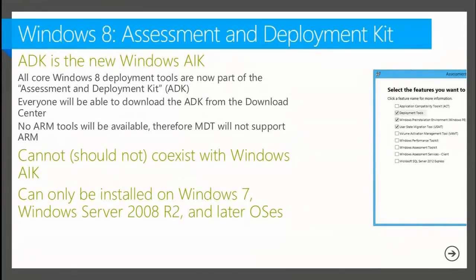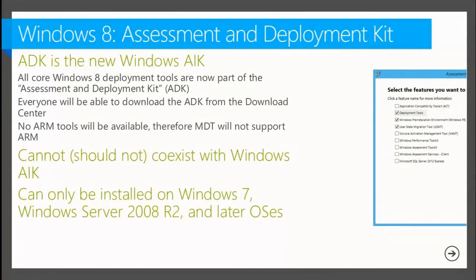You can install the ADK on any Windows 7 or Server 2008 R2 or later system. It's not supported on older operating systems, and you generally shouldn't install it on the same machine as the Windows AIK. You should install one or the other. If you're going to install the ADK on a machine that currently has the AIK, uninstall the AIK first, then install the ADK.